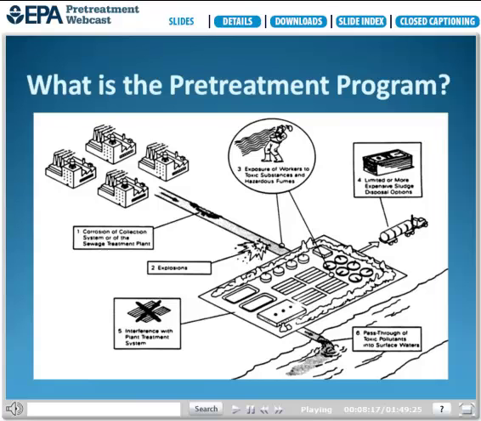In addition to specifying some minimum legal requirements for POTWs to have available in its toolbox for implementing a pretreatment program, the federal pretreatment program also specifies some minimum activities that a POTW must conduct. The POTW must develop procedures to carry out these activities in a systematic and non-arbitrary manner. One of these is issuing permits.